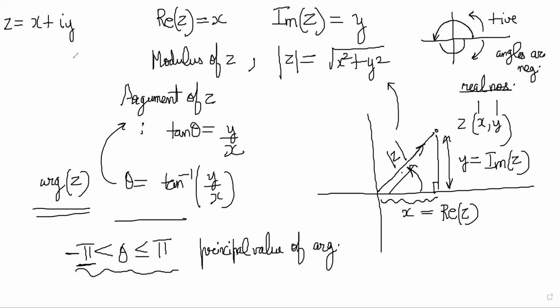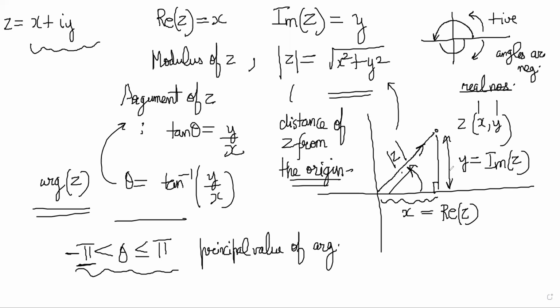So basically what this means is any complex number can be represented in terms of x plus iy, where x is the x component here, the real part of z, and y is this part. The modulus of z is basically root over x square plus y square, or the distance of z from the origin.